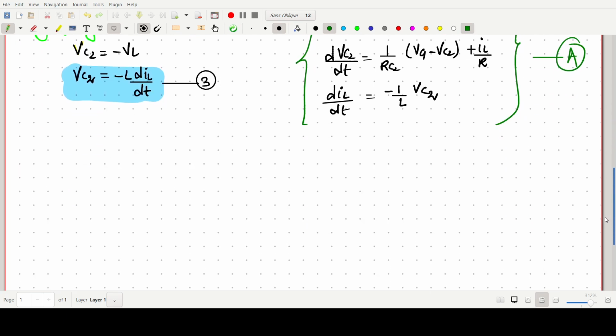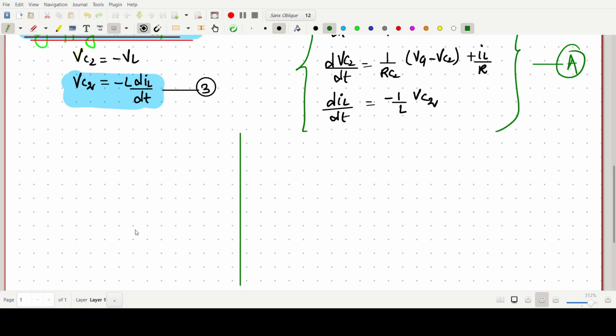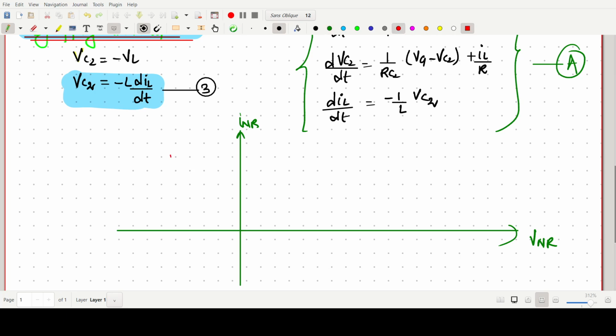And this f(VNR) is basically the plot between the voltage and current. We can write this as VNR by INR. If we plot this one, it may be 5 segment or 3 segment. It will look like this.